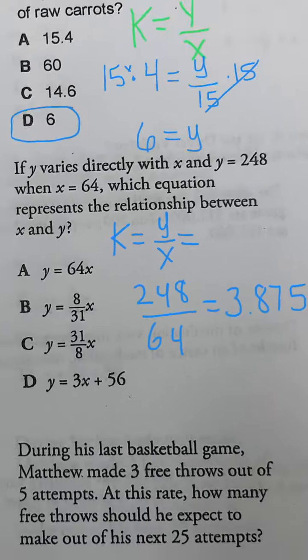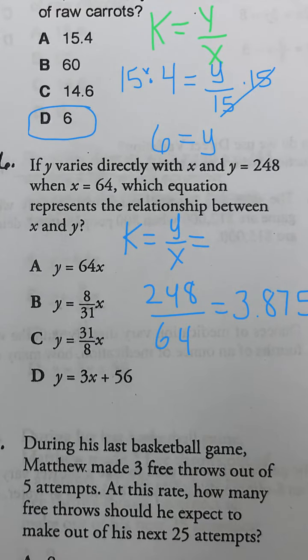Now, I don't see that on my answer choices, but I do see some things. I can eliminate one answer choice. Which one has a y-intercept? D. So that I eliminate. Now, this is 3.875. Which other one can it be? Well, it can't be 64. So I am just left with 8 over 31 or 31 over 8.